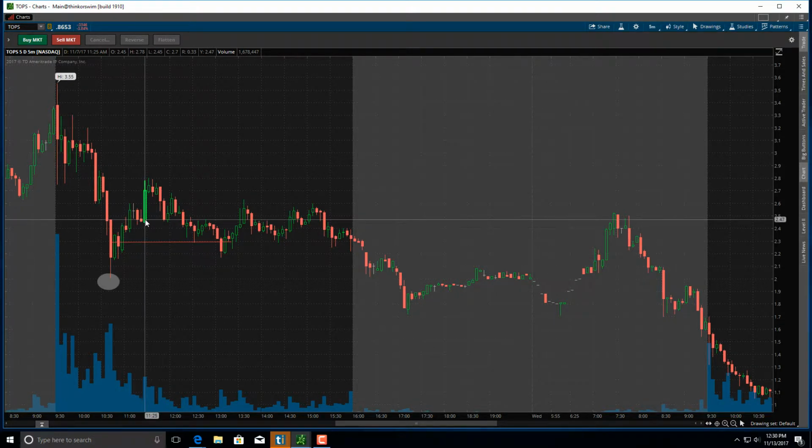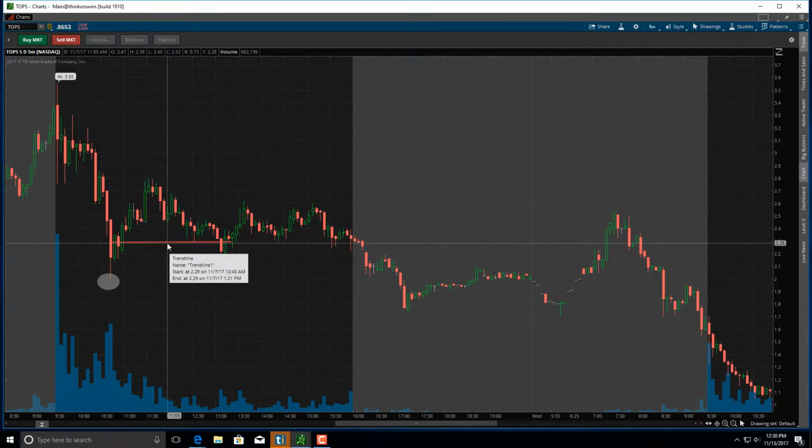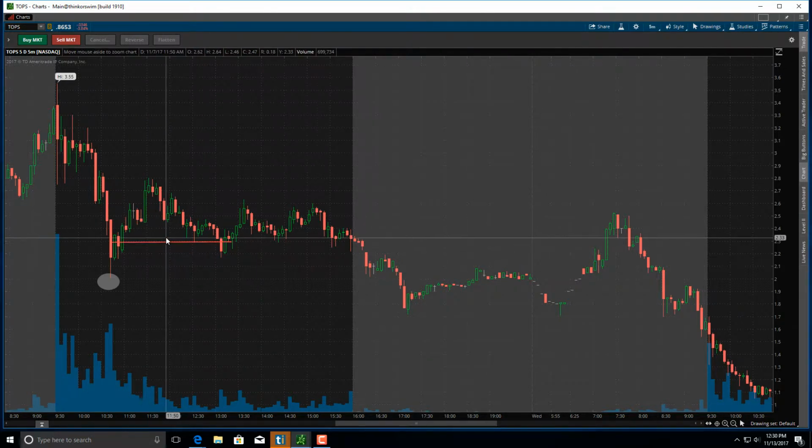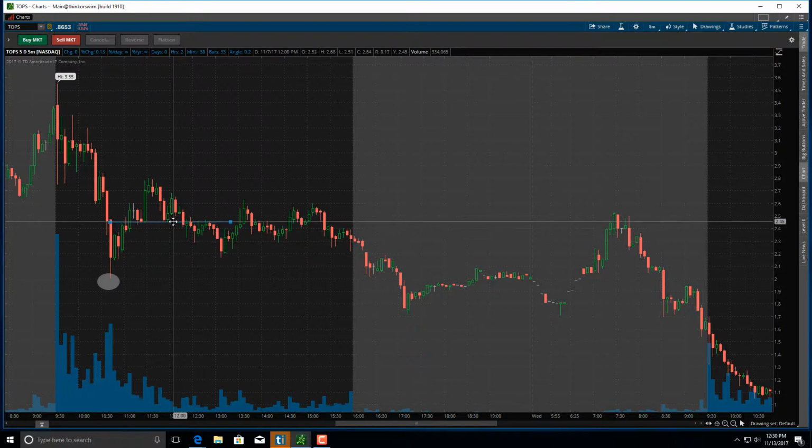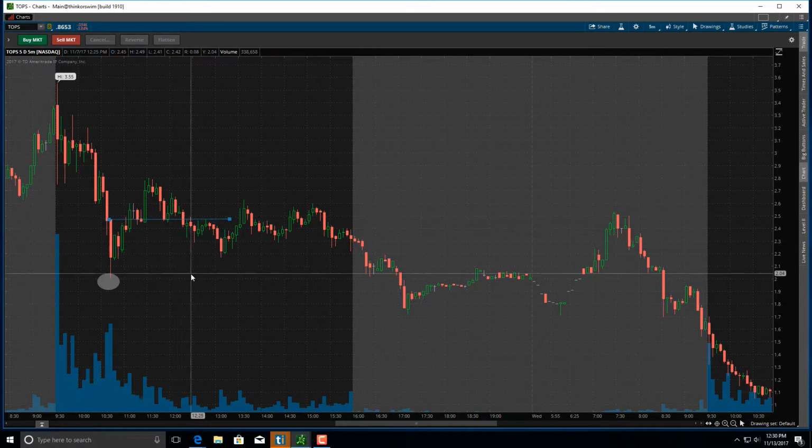This candle went to a high of 2.78. Your trailing stop is now at 2.48. This candle had a new high, 2.80.